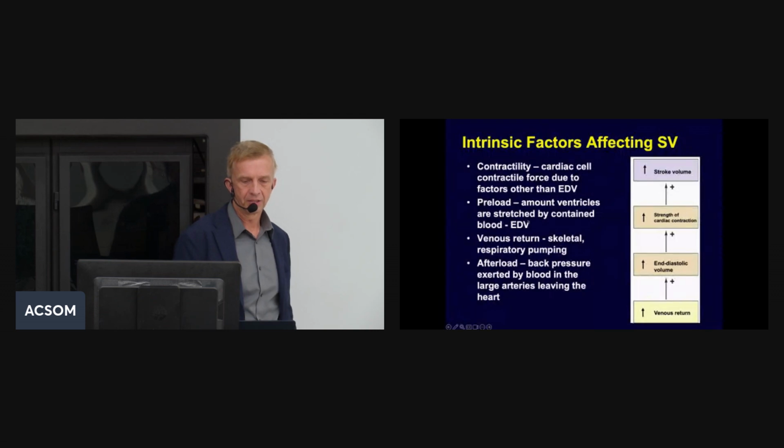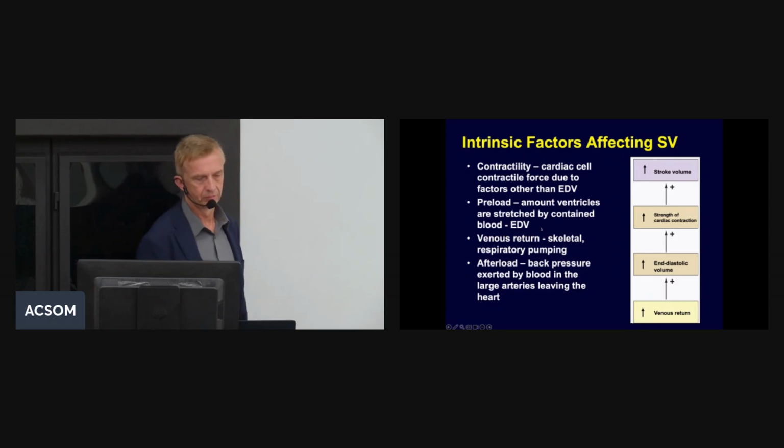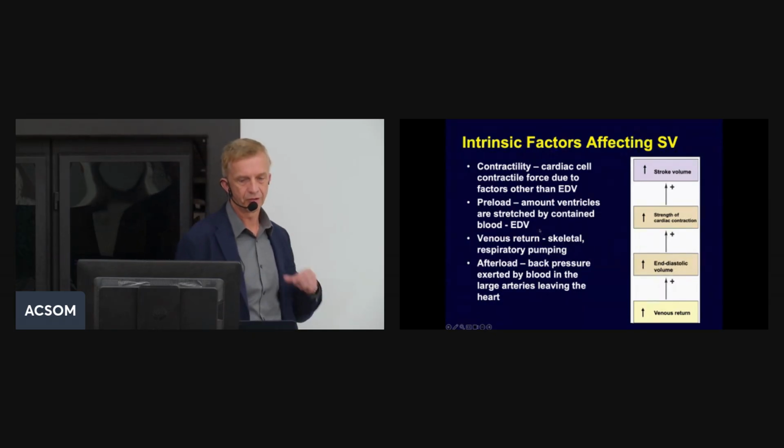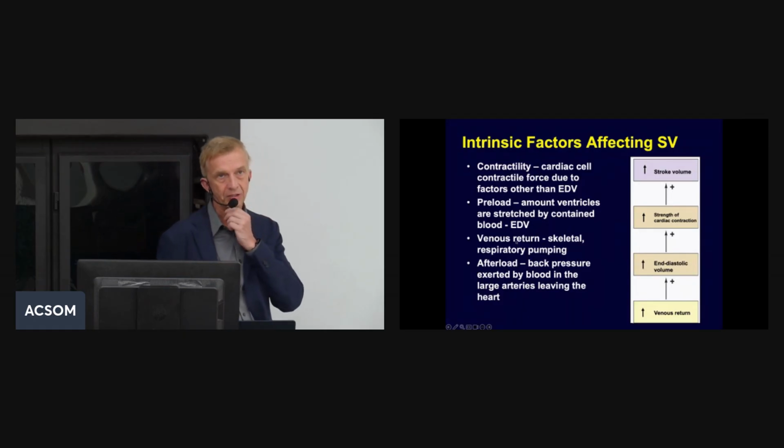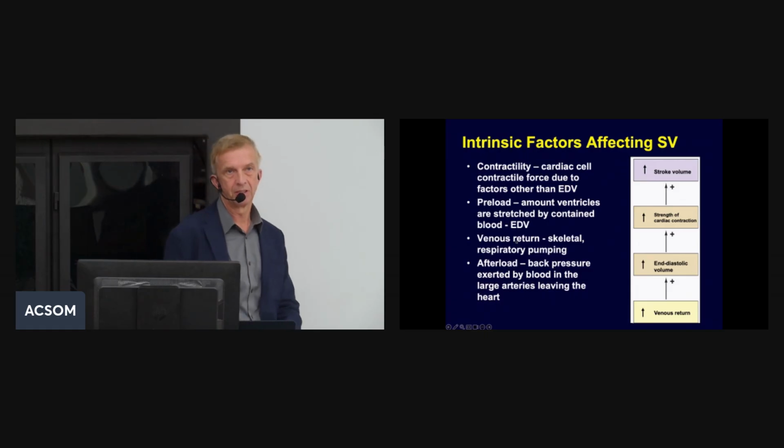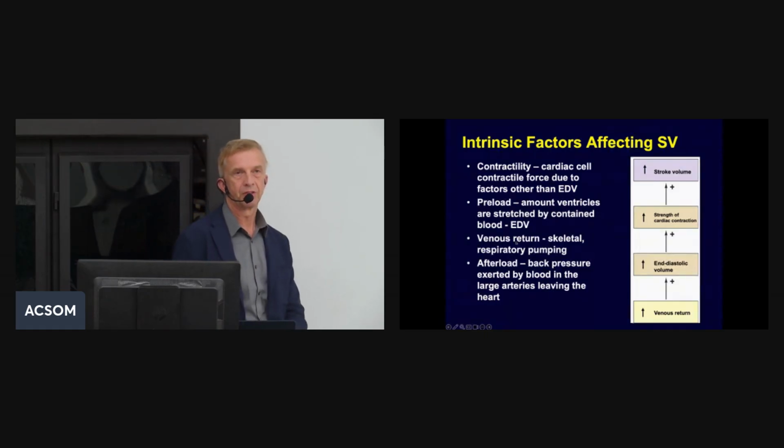How do you increase the preload? In the left ventricle? Venous return, right? Increased venous return increases the amount of blood going through the right atrium and right ventricle, and then through the pulmonary vasculature to the left ventricle.